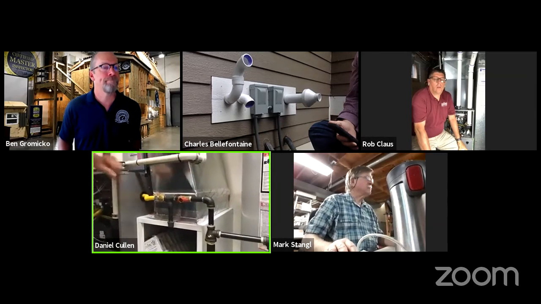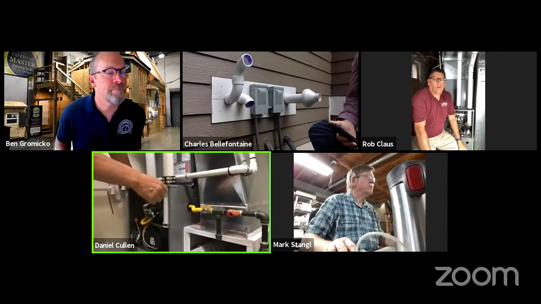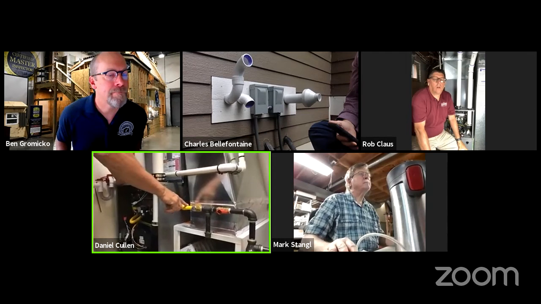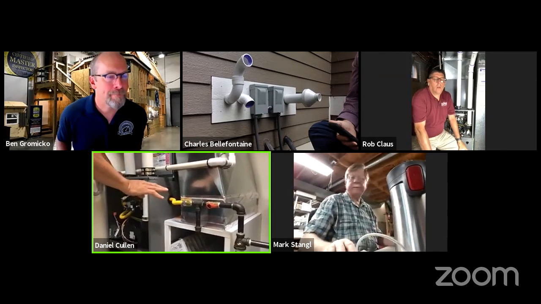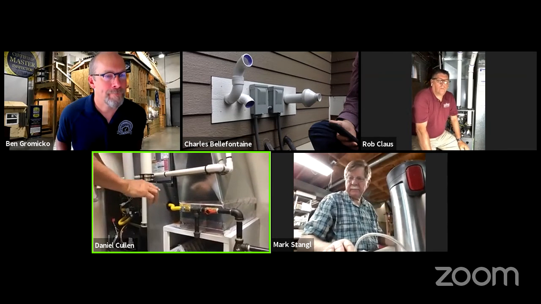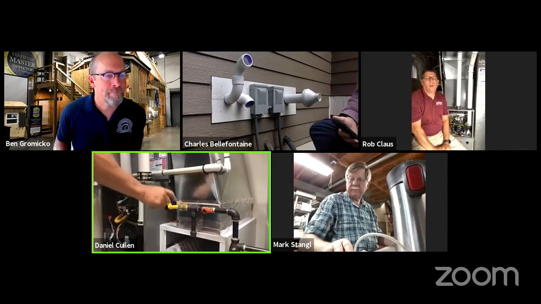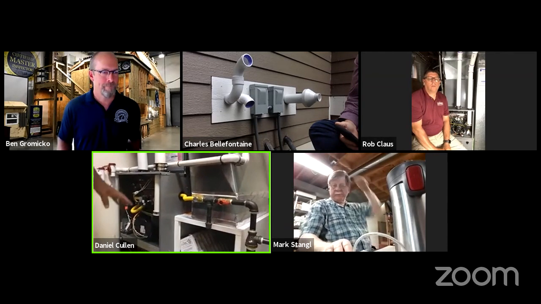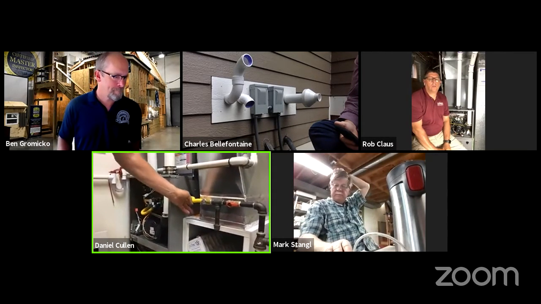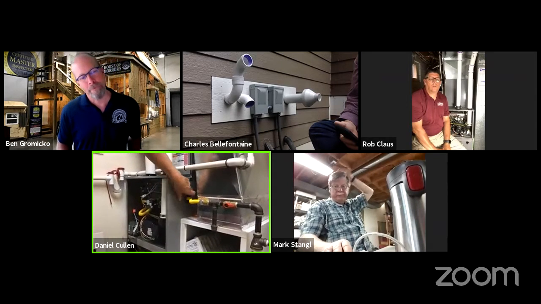Another incorrect thing that he did, just out of expediency, was to use a flex connector here. That's totally forbidden. The final hookup to a permanently installed appliance has to be hard pipe. However, this is such a smooth, quiet unit that there's no vibration here. It's got a rubber grommet.